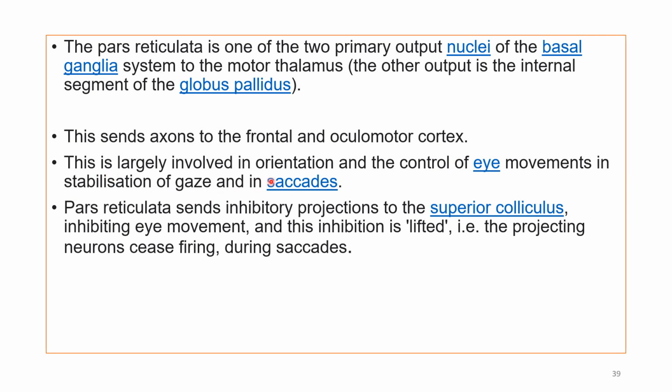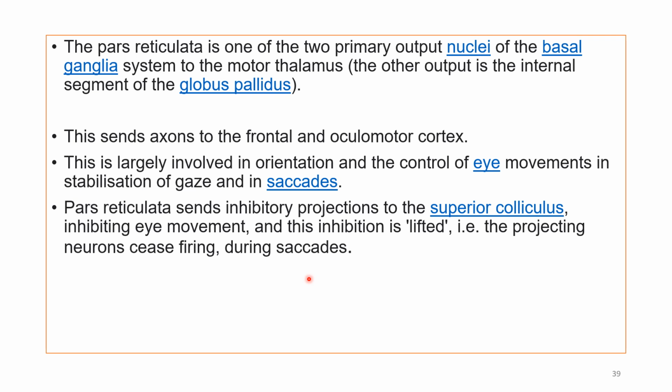And this is largely involved in orientation and control of eye movements, in stabilization of the gaze, and in saccades. Pars reticulata sends inhibitory projections to the superior colliculus and inhibits the eye movement. And this inhibition is lifted, that is, the projecting neurons cease firing during saccades.